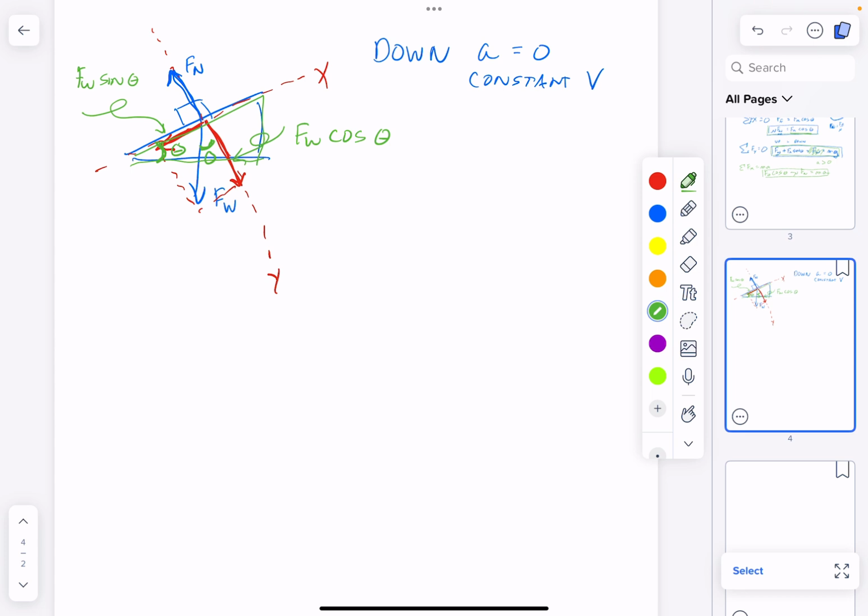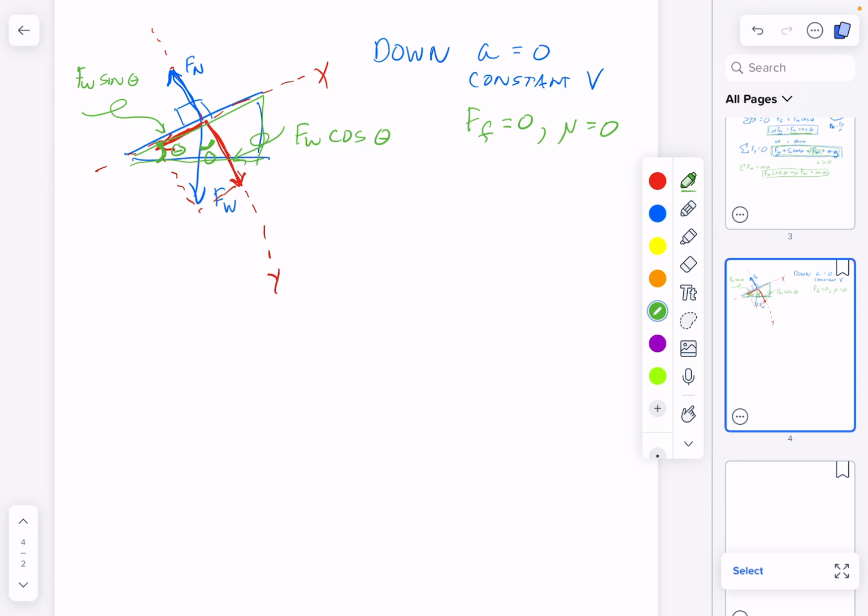So as we begin to draw some conclusions, if there is no friction, let's say that the force of friction equals 0 and mu equals 0, then there is no force acting up the plane.